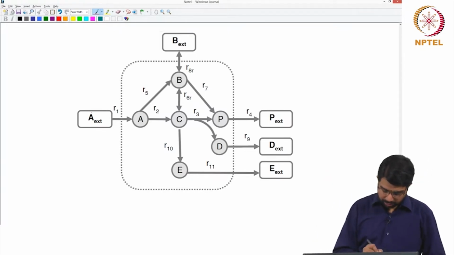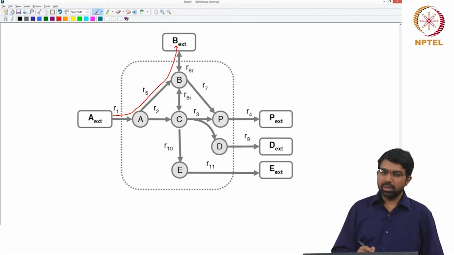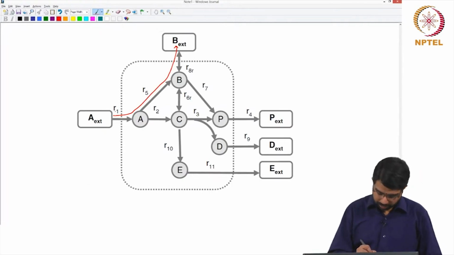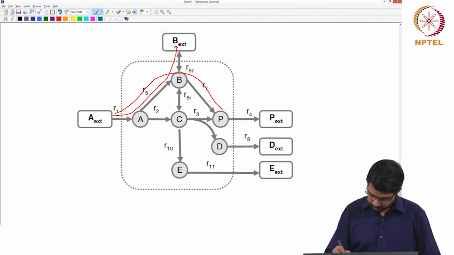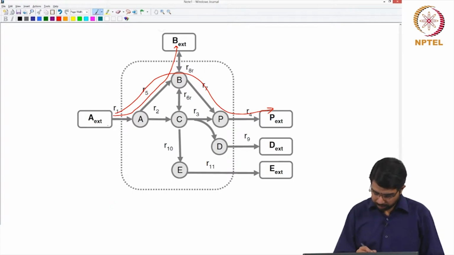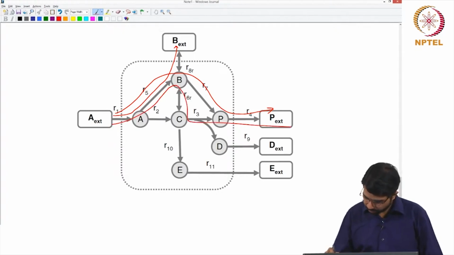So, this will be an elementary flux mode as well. This will also be an elementary flux mode. So B to P will be an extreme pathway.